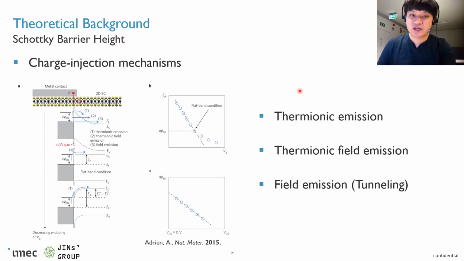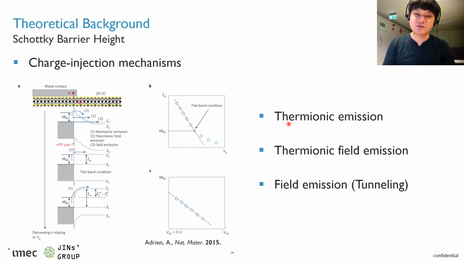And the charge injection mechanism is very important to understand. Charge injection through a Schottky barrier can be explained in three ways: thermionic emission, thermionic field emission, and field emission. Thermionic emission is charge injection when energetic carriers have the same or higher energy compared with the effective barrier height.